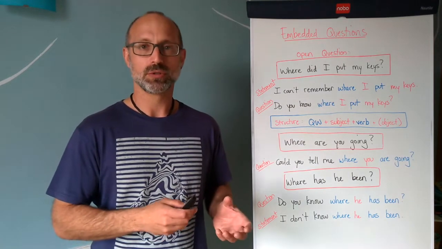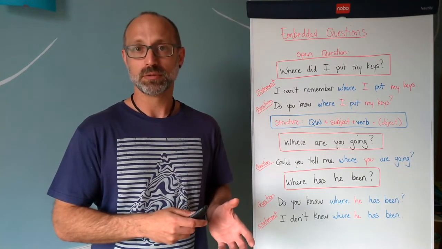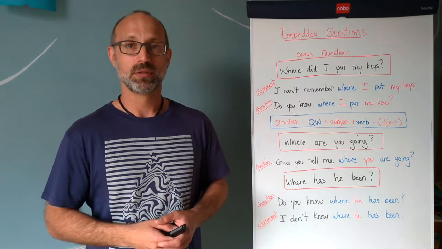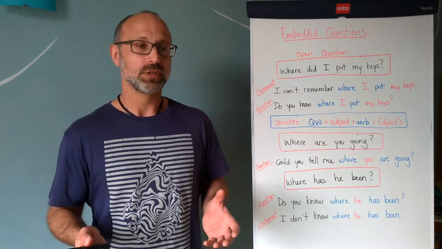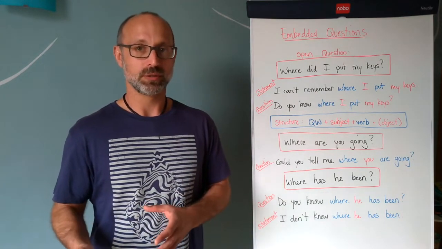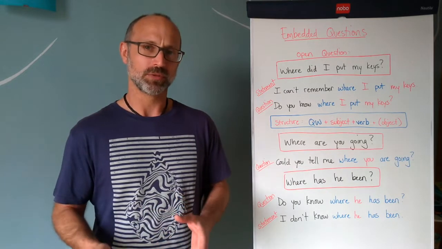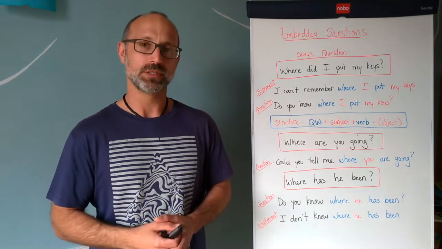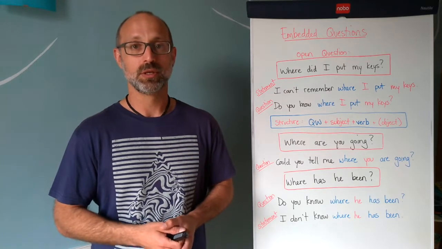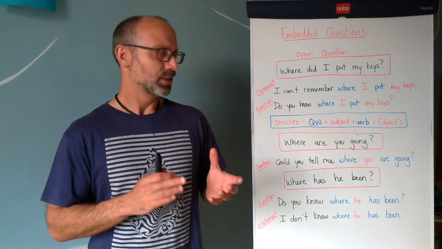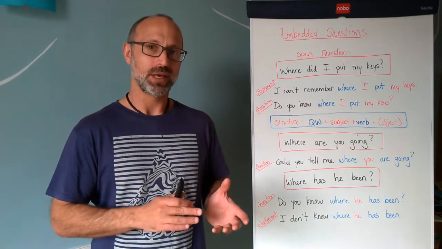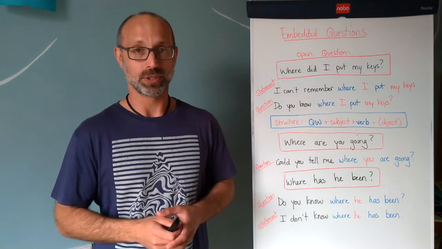Could you tell me what your phone number is? Right? So by changing the question just a little bit, we're much more professional and much more formal in these types of delicate situations. So let's get right into it and see how we can form an embedded question.